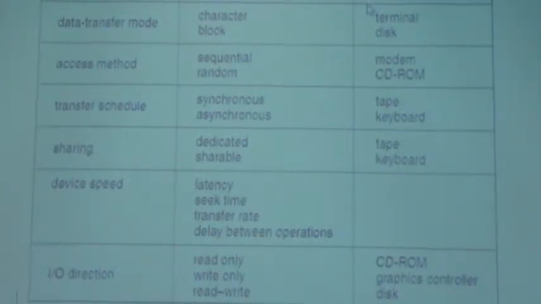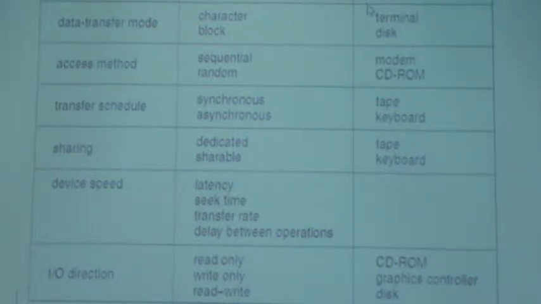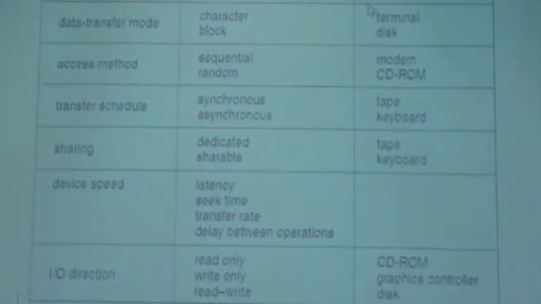Also, regarding the transfer schedule, such I/O can be synchronous or asynchronous. Synchronous means you need to confirm the data is received, then send again. It's serialized. On the other hand, asynchronous means you just keep sending.